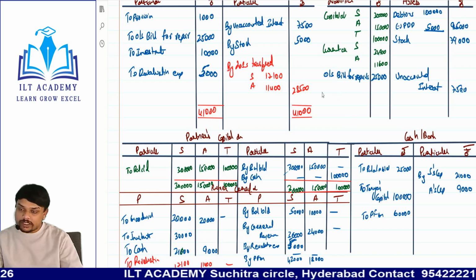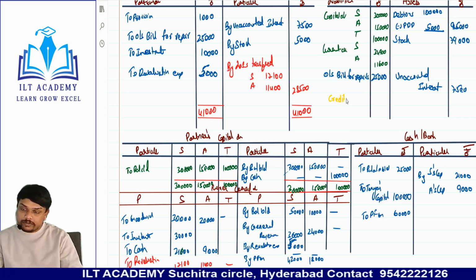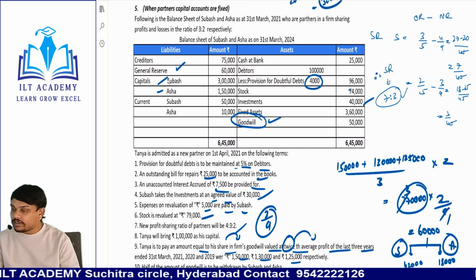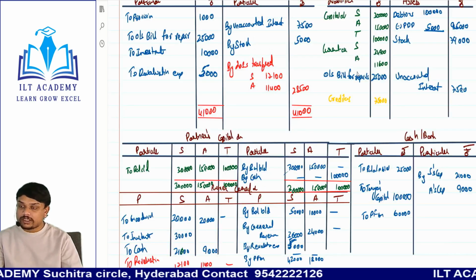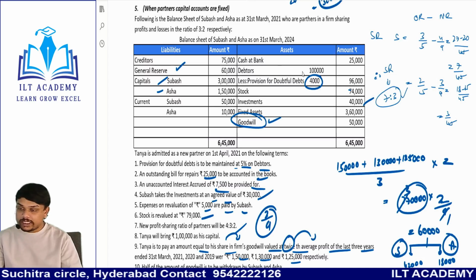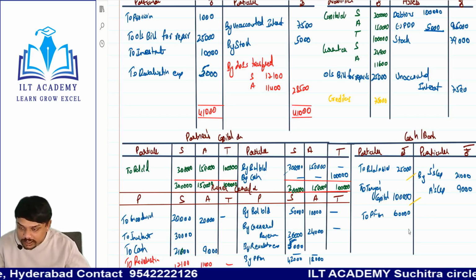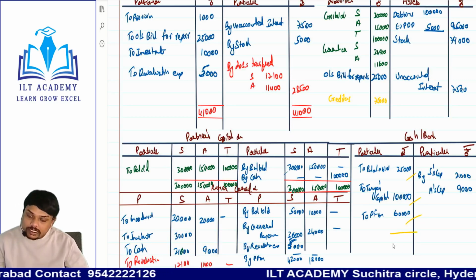Creditors, we are having 75,000. Afterwards, general reserve is distributed, capital and current accounts are done. Now let us check cash at bank. Bank account balance, if you see, 25 plus 1 lakh plus 60, 1,85,000.